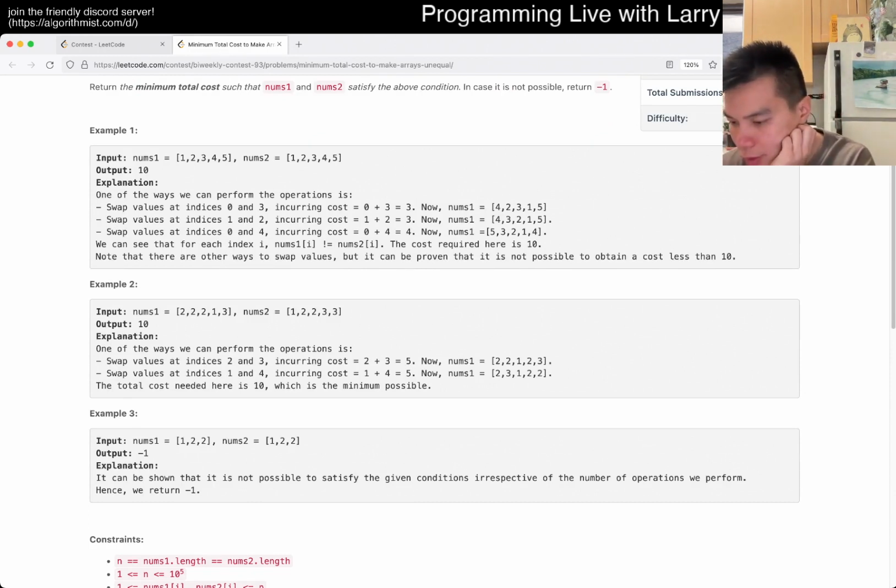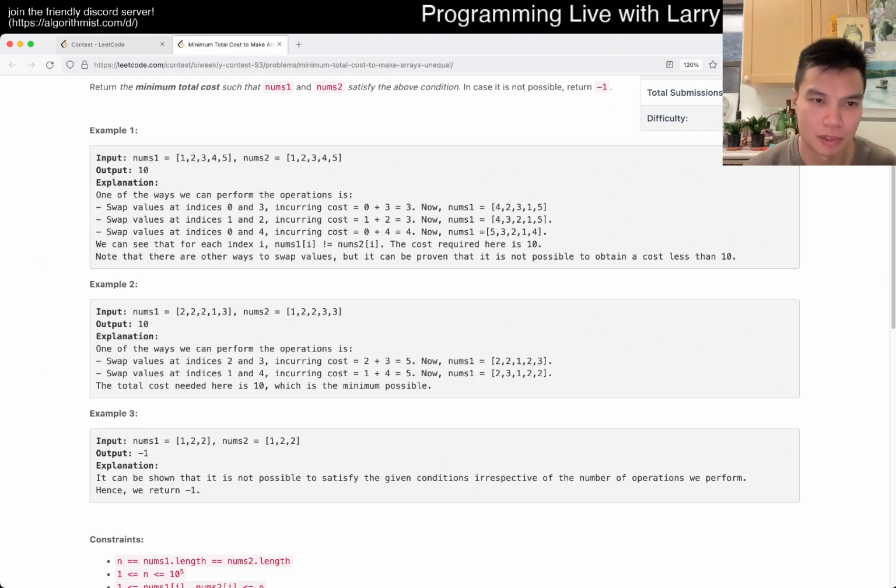After we sort it, well, I mean, the sorting doesn't differentiate between here and here. So I don't think sorting it does anything.